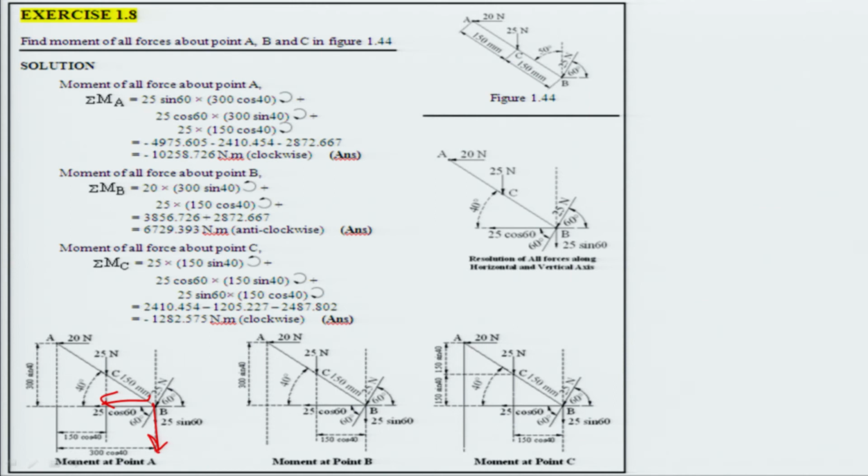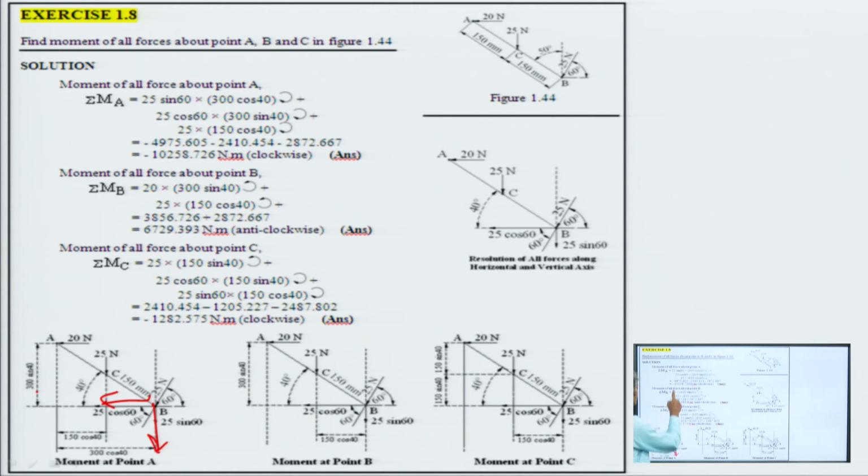What will be the perpendicular distances? Perpendicular distance can be found from this figure. First one component, point A is here. So, for 25 sin 60, what will the perpendicular distance be?